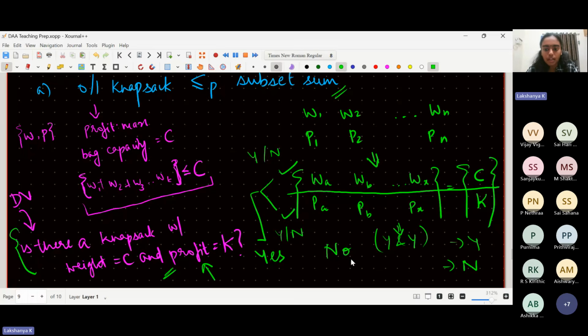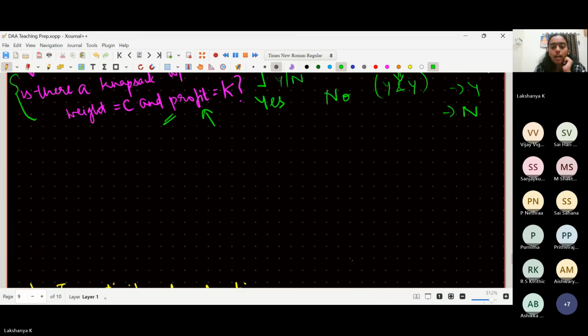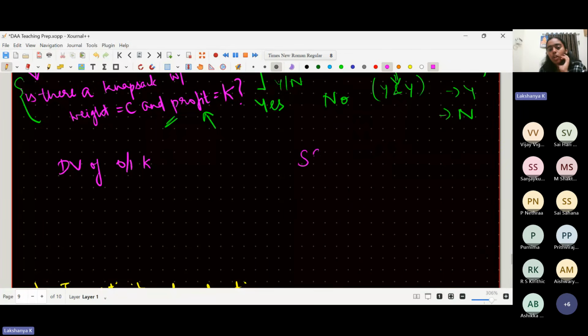Yeah. Right. So what I'm saying is, I need to solve the decision version of 0 1 knapsack. I don't know how to solve it. I have a machine that can solve the decision version of subset sum. I give it a subset, I give it a target.